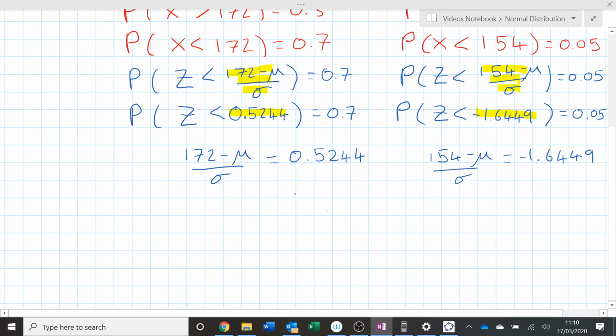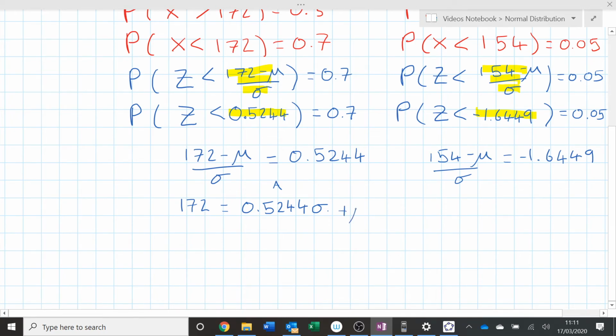However, it's probably a good point to be as clever as possible with a calculator. So what I'm going to do is rearrange this as such. This will be 172 is equal to 0.5244, and it might be worth reminding myself that I stored that as A in the calculator, sigma, and then add mu.